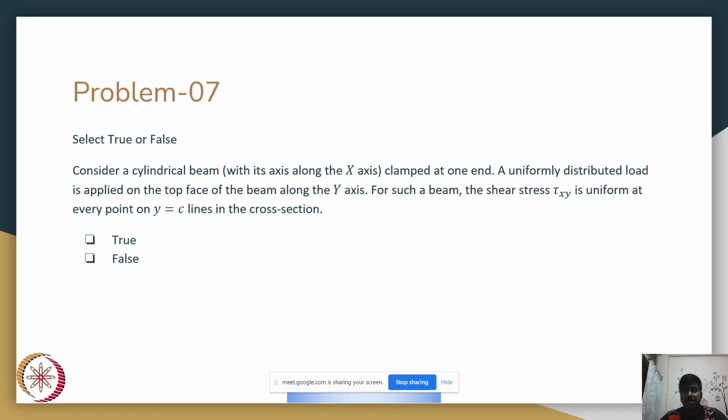Problem number 7. Again, this is a simple true or false statement. We consider a cylindrical beam with its axis along the x-axis, clamped at one end. So we have a cylindrical beam like this, and we are clamping, say, the left end.